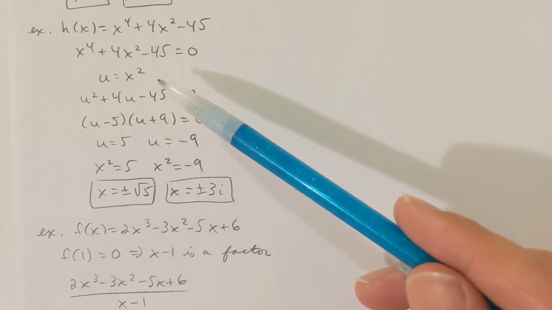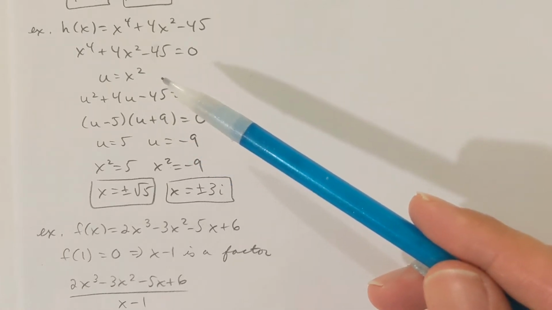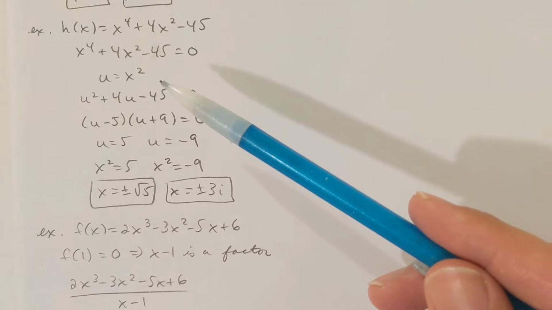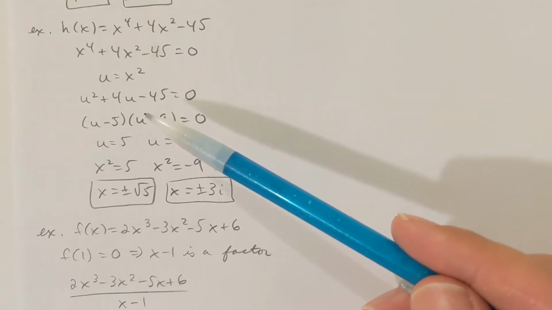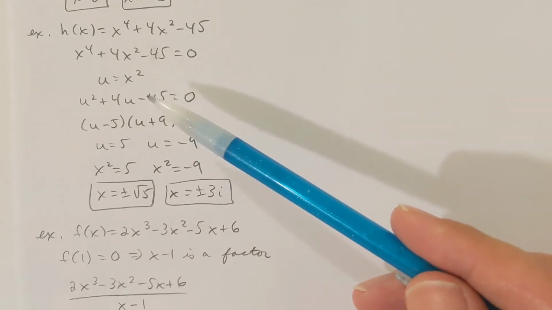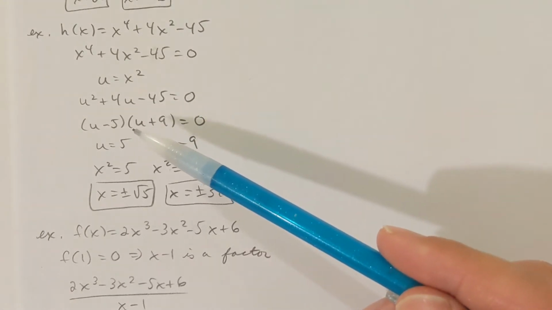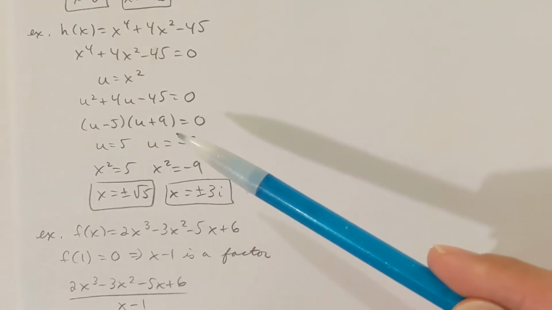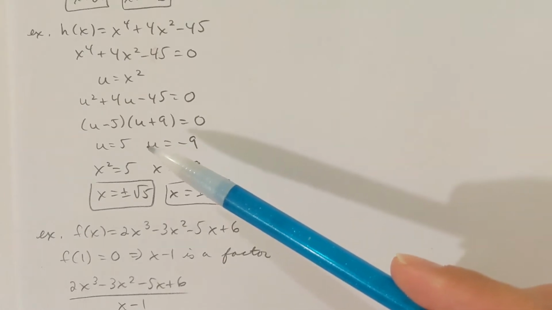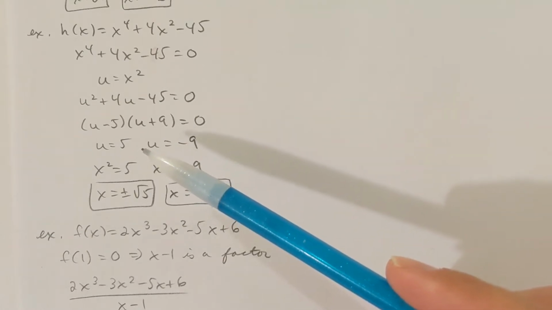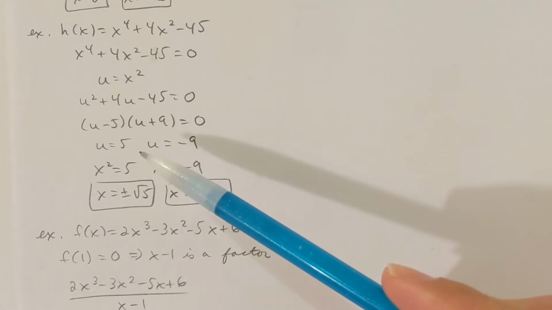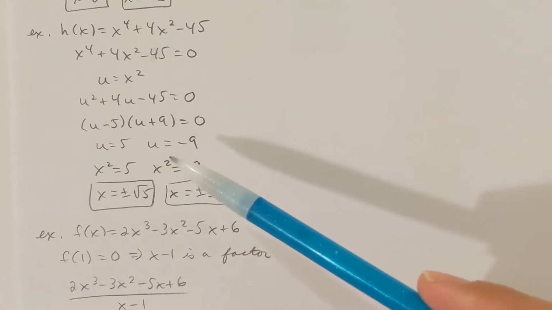So this is an equation that resembles a quadratic. We can see that by the u substitution. U minus 5 times u plus 9 equals 0. That's how that factors. And so u is equal to 5, or u is equal to negative 9.